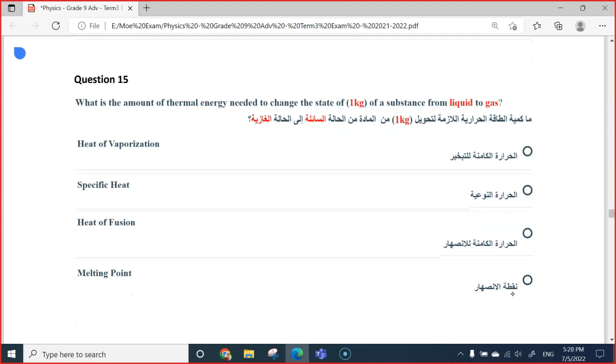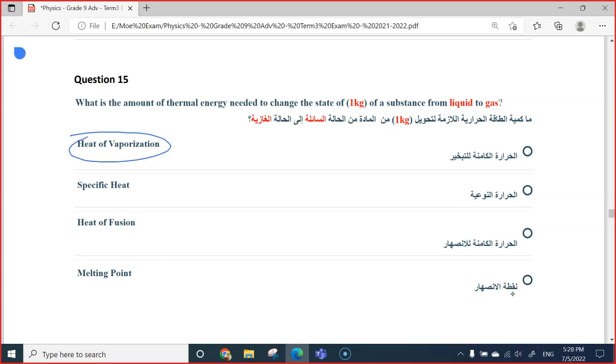Question number 15. What is the amount of thermal energy needed to change the state of 1 kilogram of a substance from liquid to gas? So the thermal energy required to change the state of a substance from liquid to gas is called heat of vaporization.